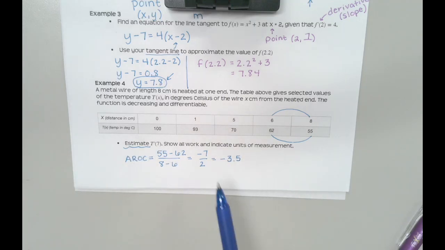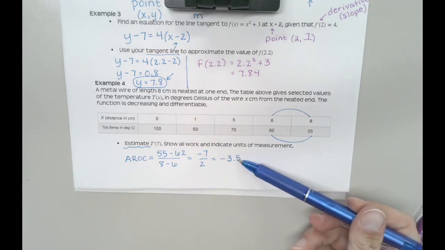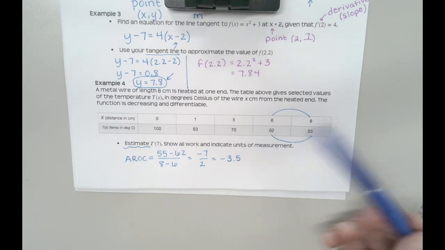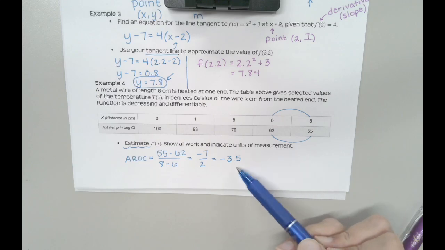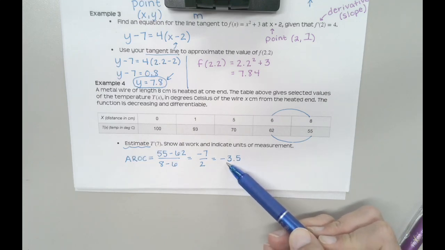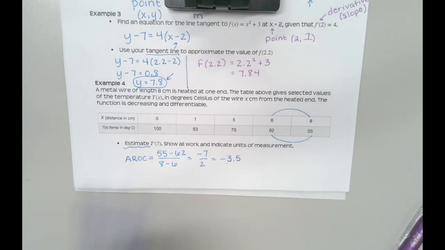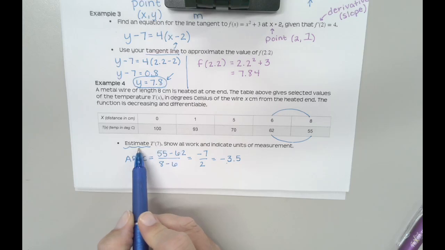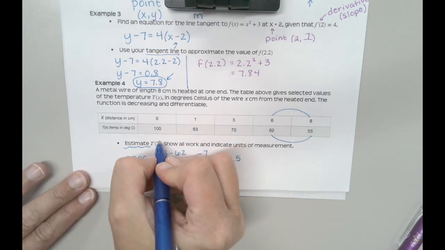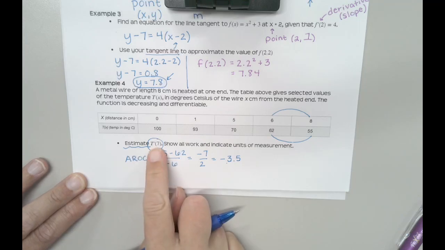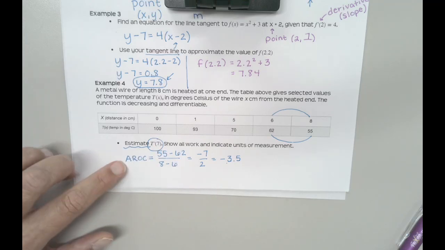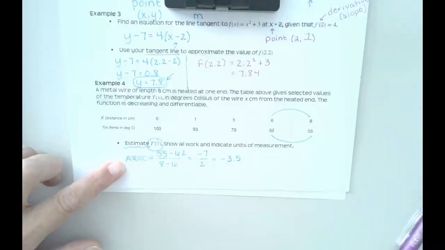So what this actually is telling us is that on average, when we go from 6 centimeters to 8 centimeters, the temperature is changing by 3.5 degrees. It's decreasing by 3.5 degrees for every centimeter that we walk along this wire. That's what that actually means. Because this is asking us for an estimate of T prime, we want to talk about it as though it's T prime. So we're not going to talk about it being an average rate of change, even though that is technically what it is.